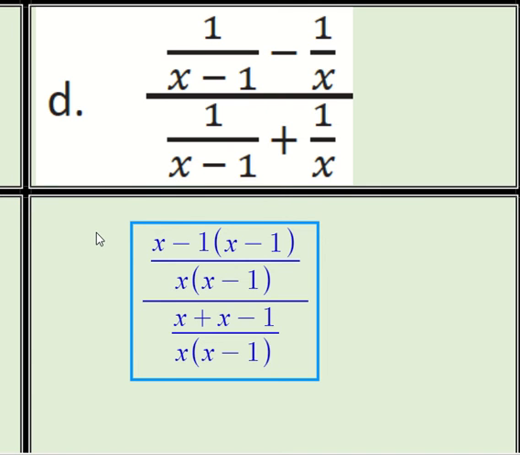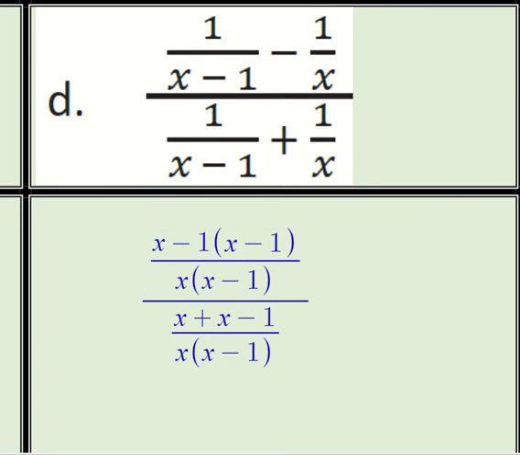So what I really hope that you recognize at this point is that this denominator is the same denominator as this one. And that's how we can do one quick trick to make our lives really easy.